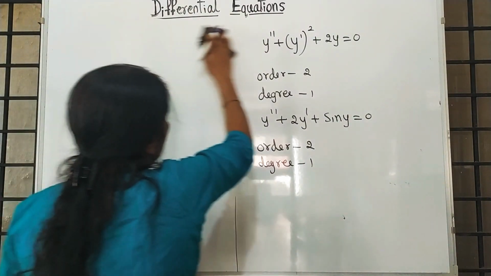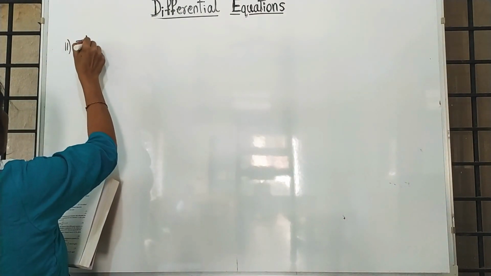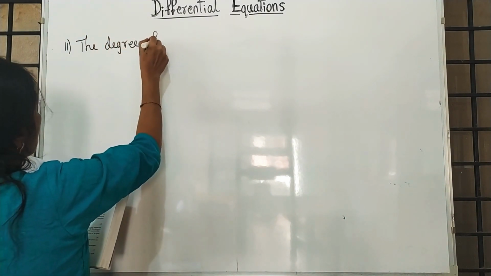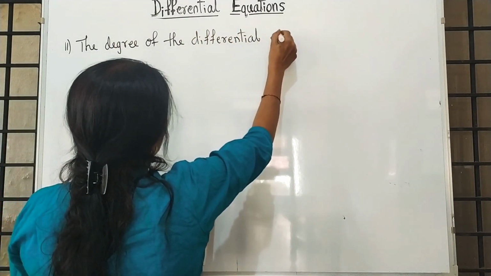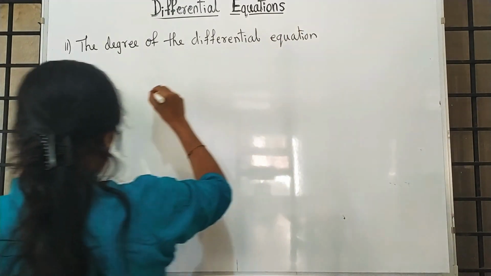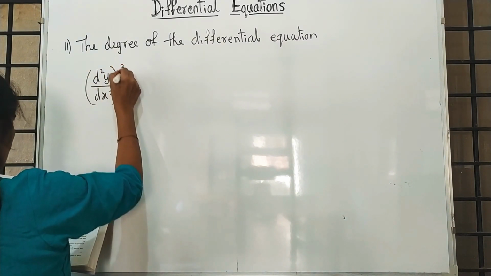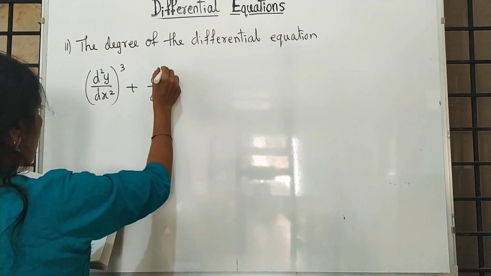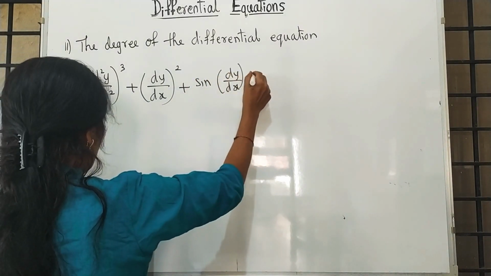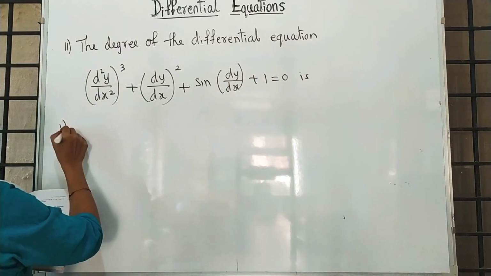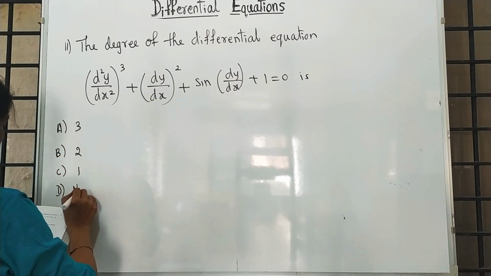The degree of the differential equation d square y upon dx square whole cube plus dy upon dx whole square plus sin dy upon dx plus 1 is equal to 0 is: option A 3, B 2, C 1, D not defined.